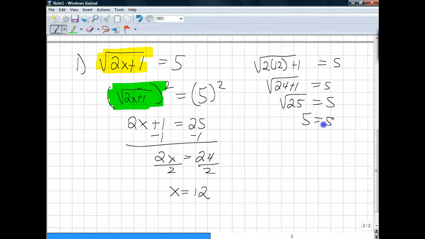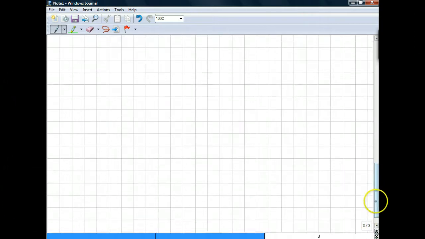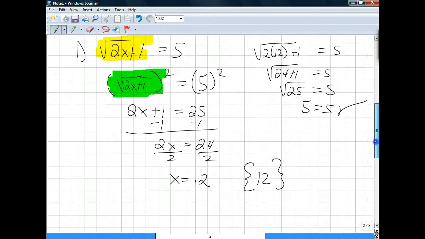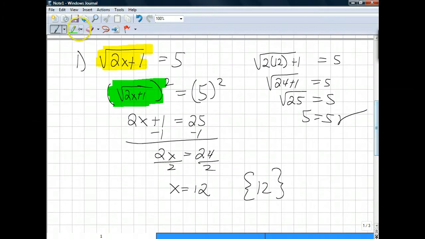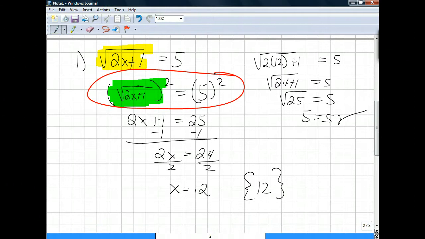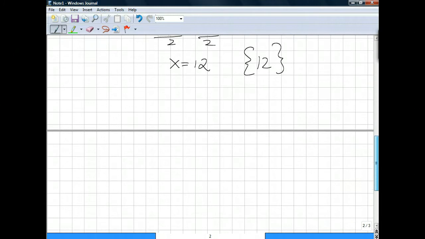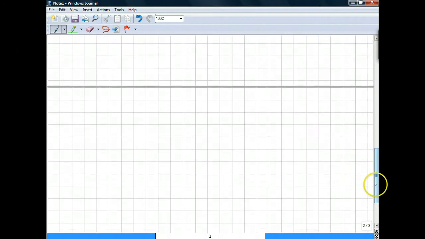So 5 equals 5. It checks. So our solution is 12. All right, and the reason that we have to check is because when we do the process of squaring both sides, as we did right here, sometimes solutions are introduced that are false solutions. So we have to always check our work, right?